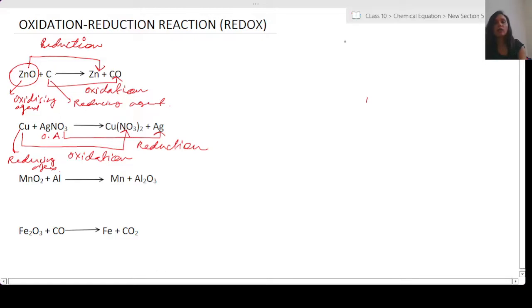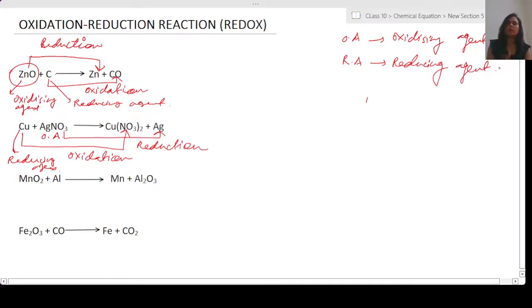Okay, I will be marking OA as oxidizing agent, remember, and reducing agent will be RA. So always remember, if that particular compound is undergoing the oxidation reaction, then mark it as the reducing agent. And if a particular compound is undergoing the reduction reaction, mark it as the oxidizing agent.